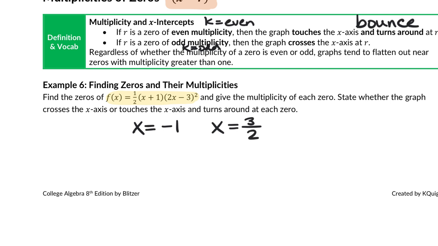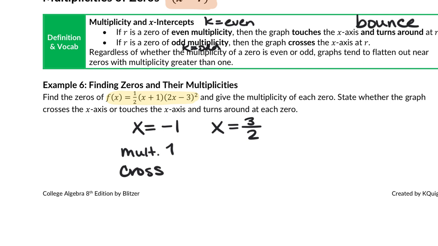But now let's talk about their multiplicity. How many times is the factor x plus 1 repeated? Once. So it has a multiplicity of 1. And since 1 is an odd number, it's going to cross through the x-axis.